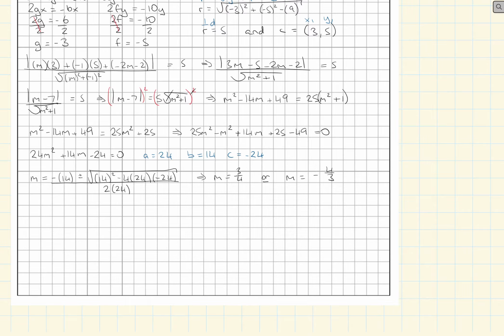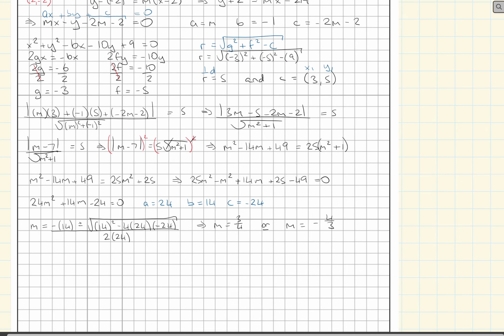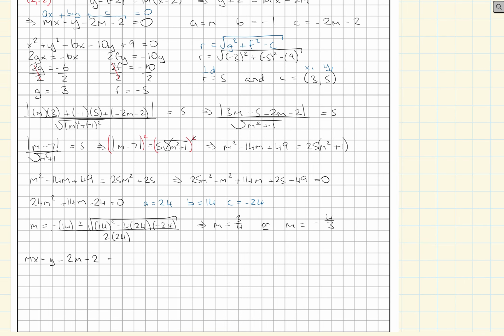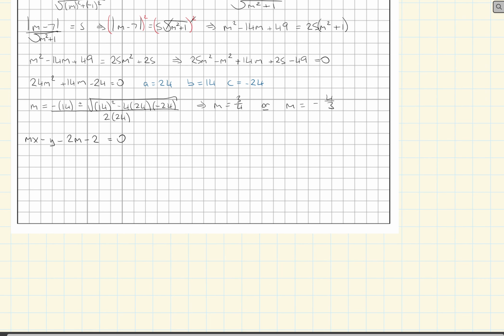Okay, so back to the equation of the line now. We had mx minus y minus 2m minus 2 equals 0. And then just 2 cases to satisfy.